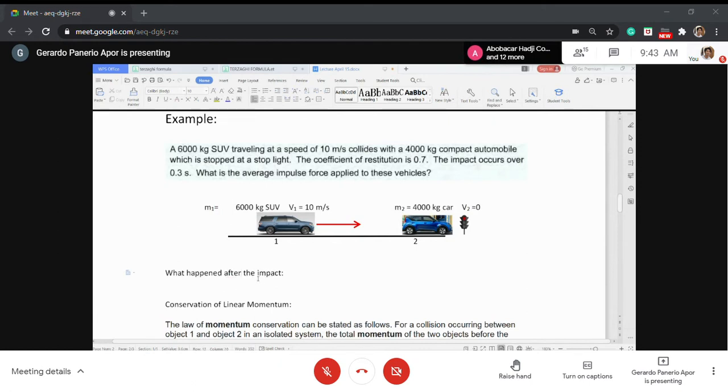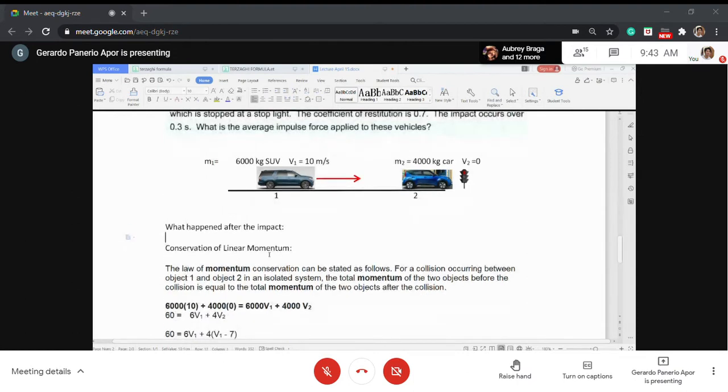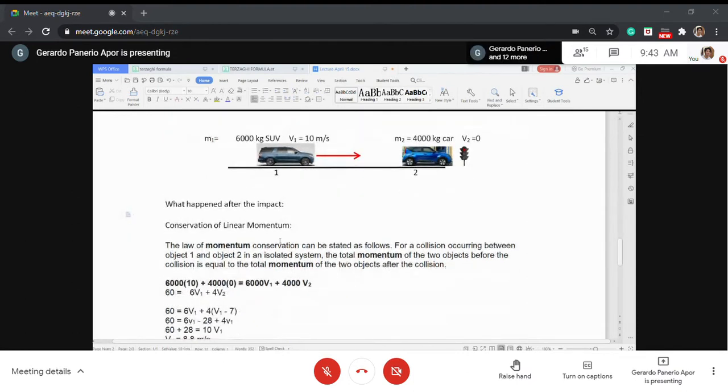After the impact. Okay. So first is by conservation of linear momentum. The law of momentum conservation can be stated as follows. For a collision occurring between object 1 and object 2 in an isolated system, the total momentum of the two objects before the collision is equal to the total momentum of the two objects after collision.